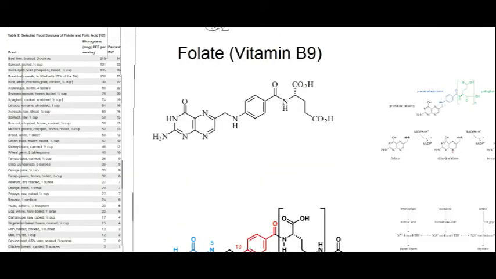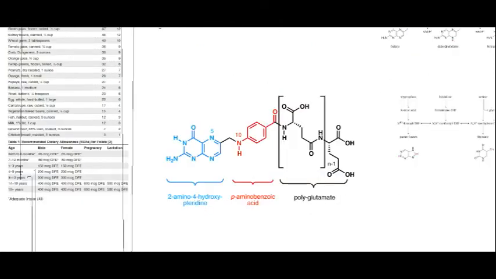Sources for this, once again: beef, liver, spinach, black-eyed peas, cereals, rice, asparagus, Brussels sprouts. So quite a few of the more dark green vegetables are at the top here. And for RDA, maybe about 1400 mcgs or micrograms.